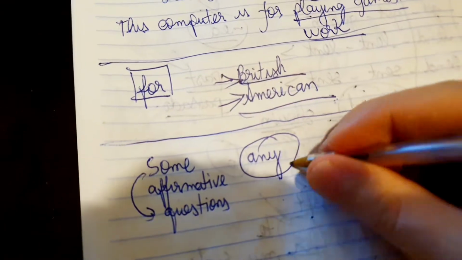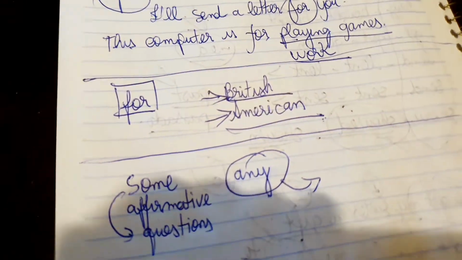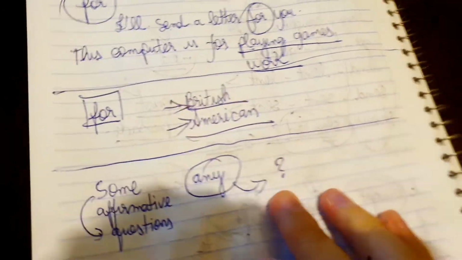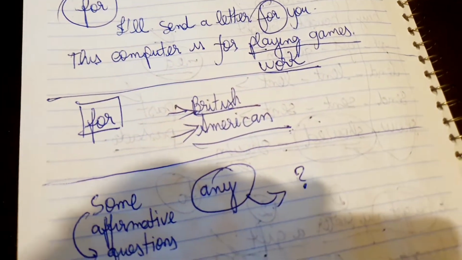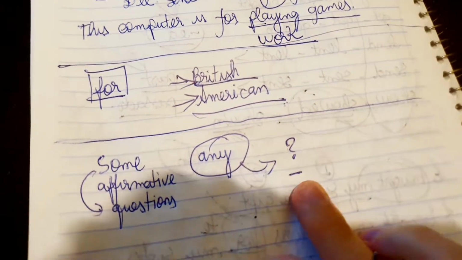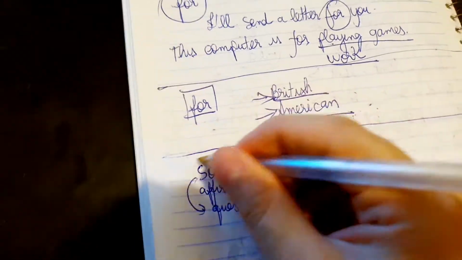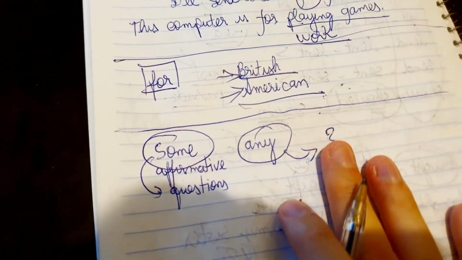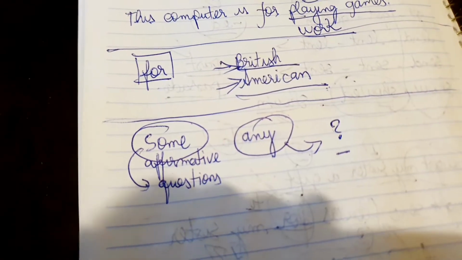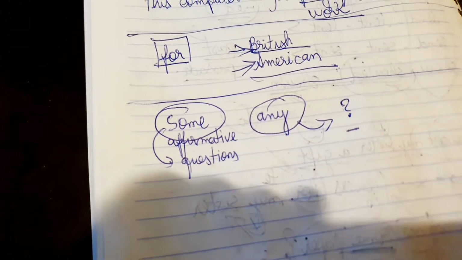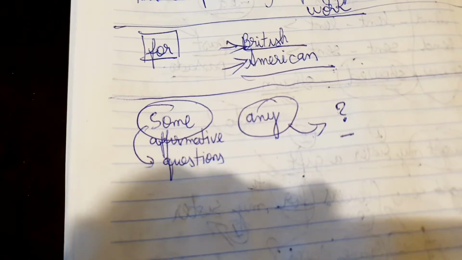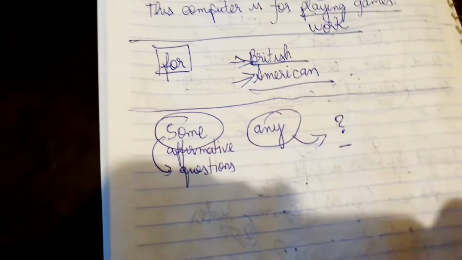And any, as a rule of thumb, is used in interrogative sentences or negative sentences. So you have, as a general rule, these situations. We will see some examples, okay? And you will understand when to use each of them or not.